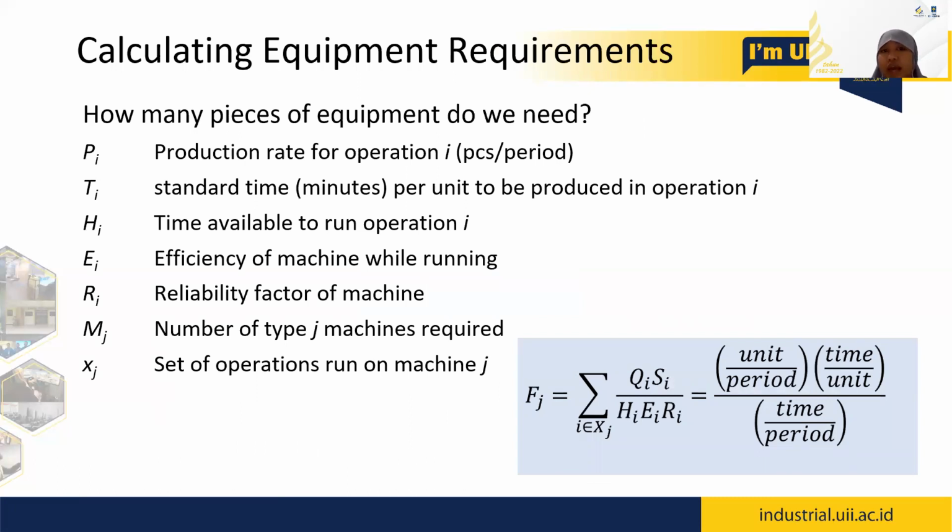How if we have many equipments at the same time? So the basic idea is still the same. Basically, you calculate the standard time with the quantity divided by efficiency and reliability and available time. However, then you need to calculate it and then sum everything all together so that you get this required number of machine.